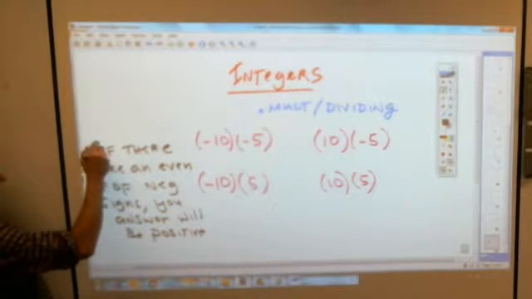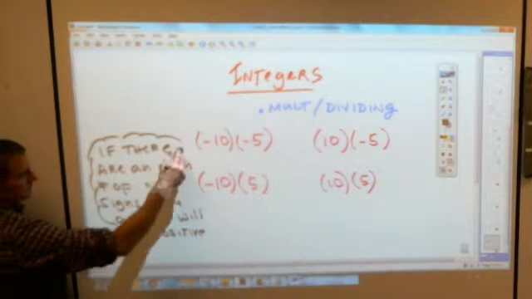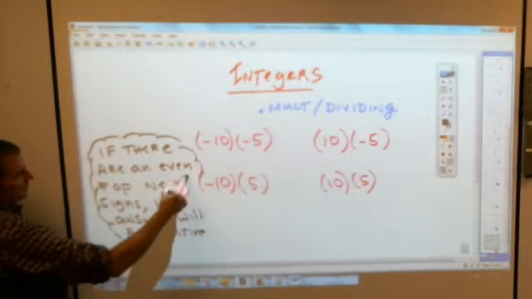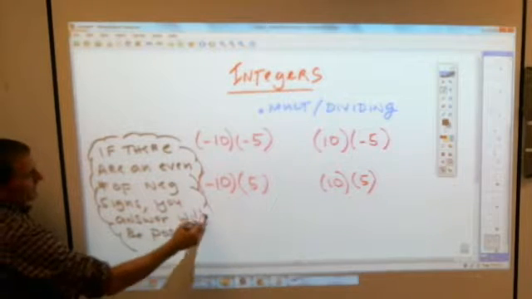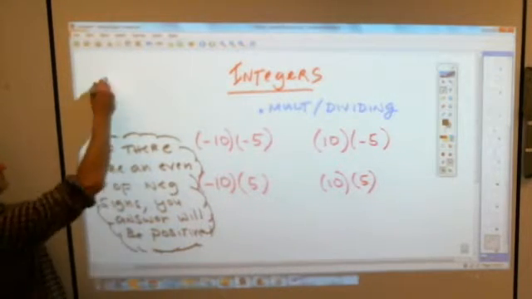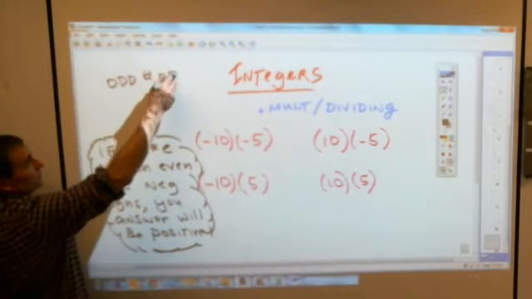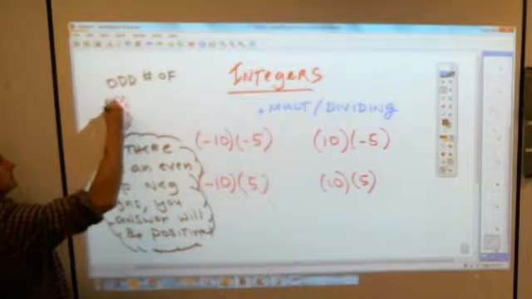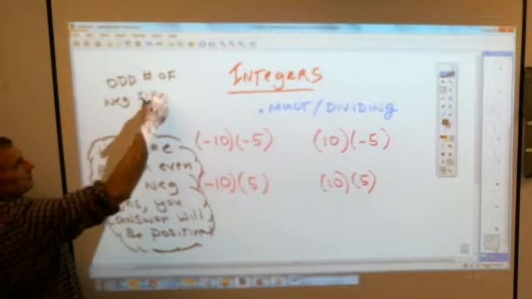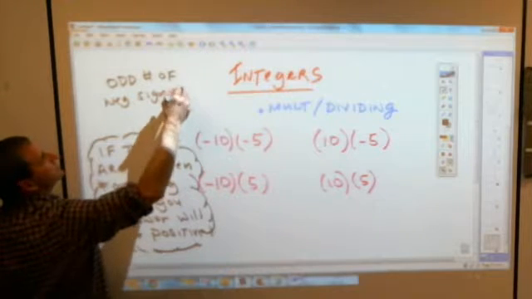And if that is the case, boys and girls, guess what happens if there is an odd number of negative signs? An odd number of negative signs means your answer is negative.